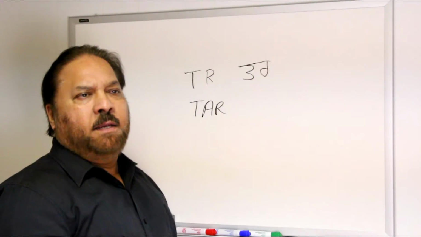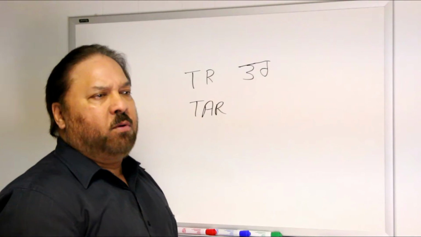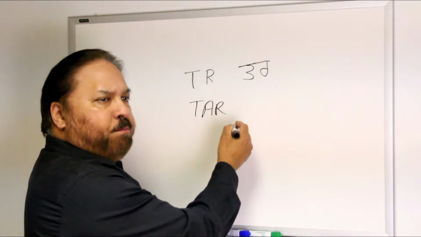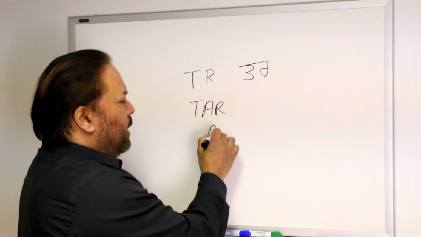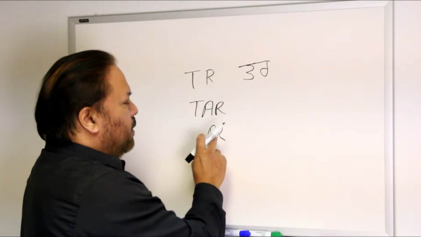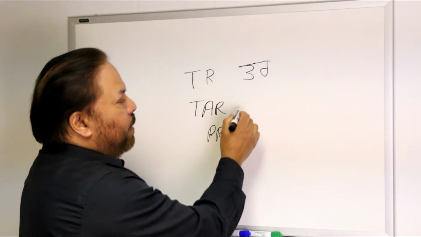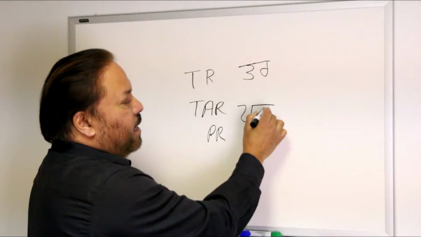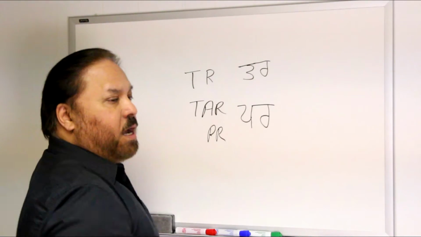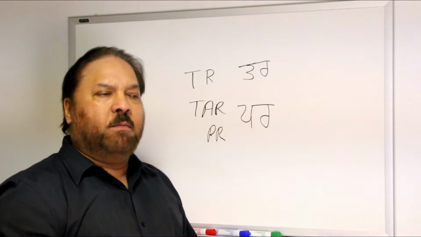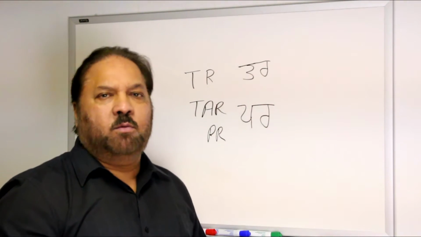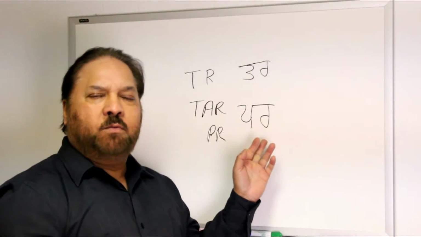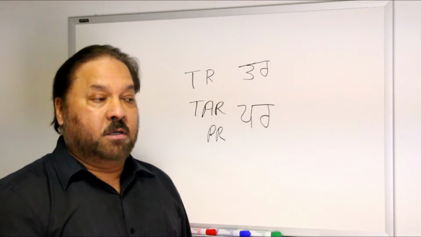Another word, for example, par, P and R. In the Punjabi language, papa for P and rara again for R. Par is sometimes used for but, like I want to go but. It is also used for a feather of birds.